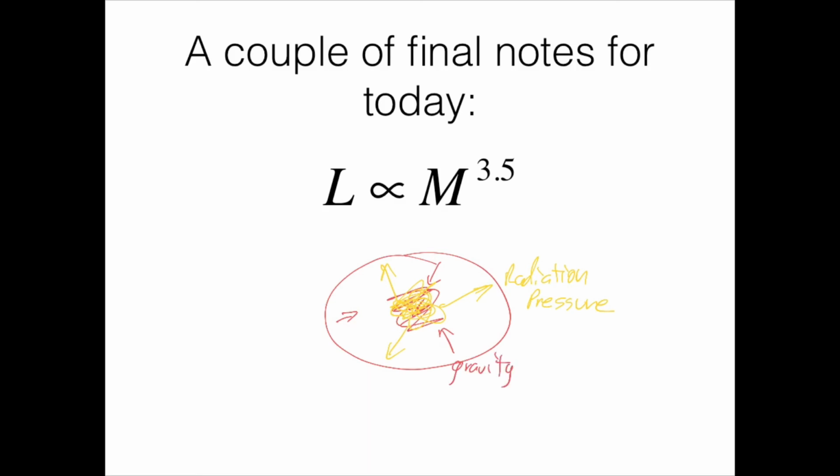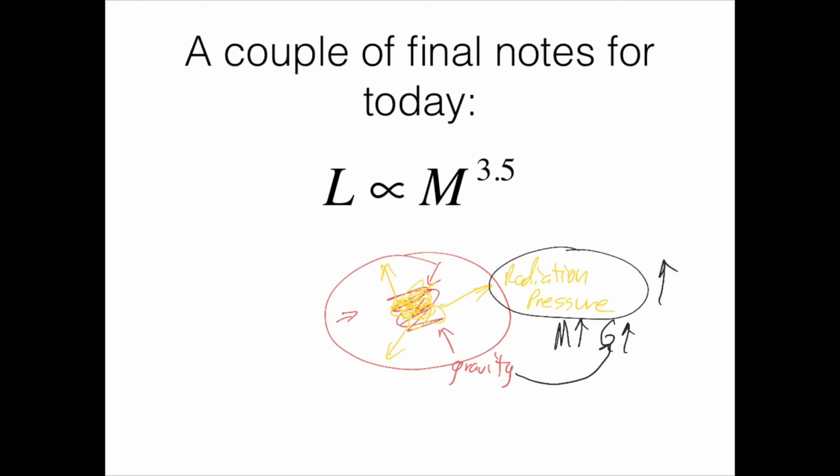Now, if it's in hydrostatic equilibrium, then those two things balance each other, right? Now, something with a higher mass means that I've got to have higher gravity, okay? So if the mass is bigger, then the gravitational force is going to be bigger, all right? Now, if it has a higher gravitational force, then that means that the radiation pressure needs to be bigger.